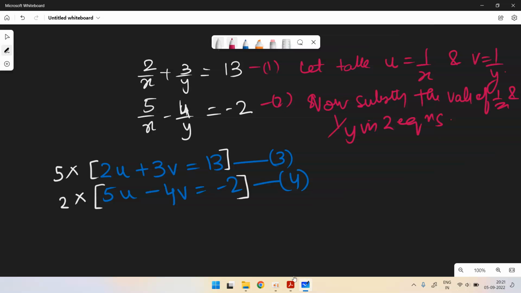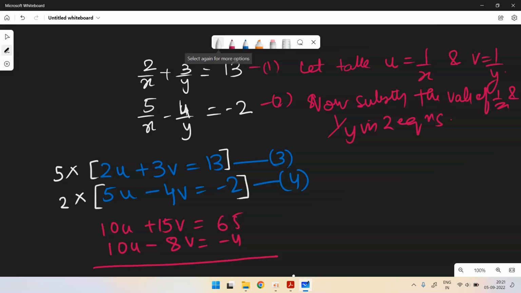So if I do so, this is 10u plus 15v equal to 65, 13 times 5 is 65. And 10u minus 8v equal to minus 4. Now I need to subtract these two equations.